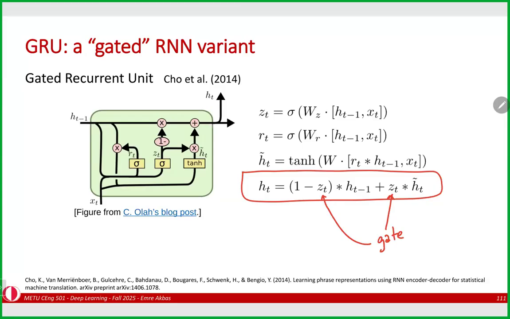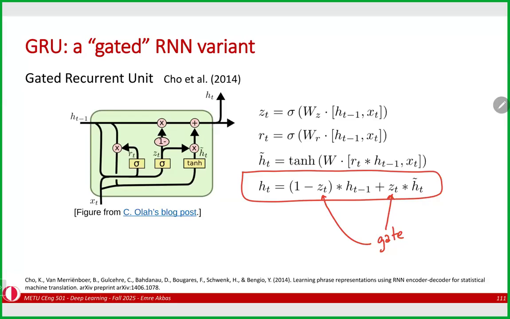So depending on the value of z_t, either one of them gets dominant or not. And if you set z_t to 0, it is possible to get h_t equals h_{t-1}. So this is the idea in residual connections. The previous hidden state can just pass without being changed to the next state.